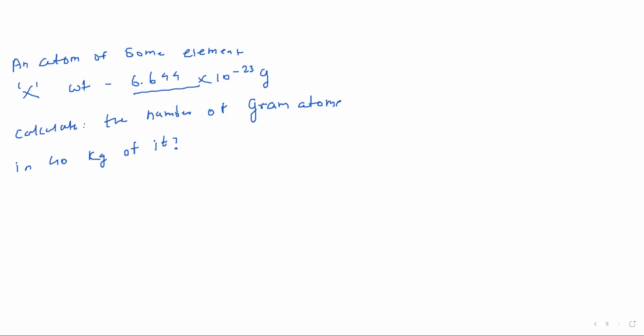Okay. So the mass of one atom, the weight of one atom, is equal to 6.644 into 10 to the power minus 23.